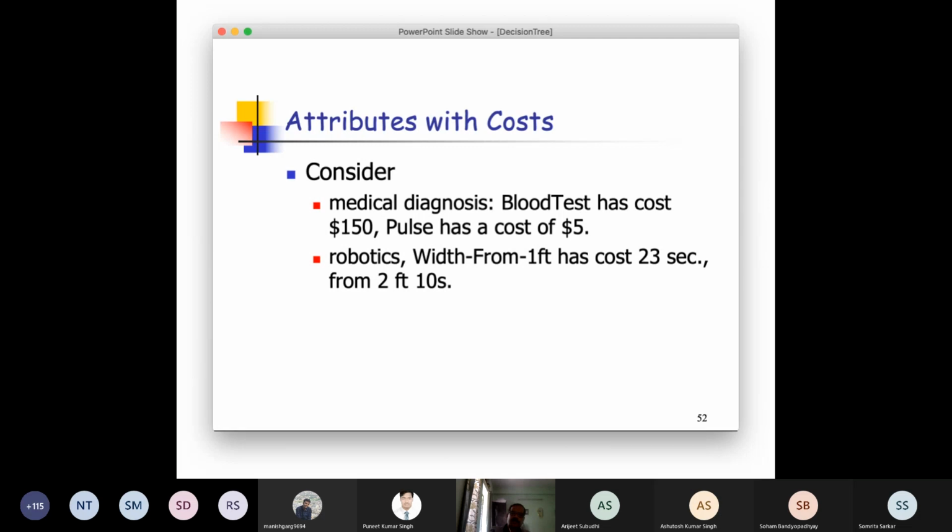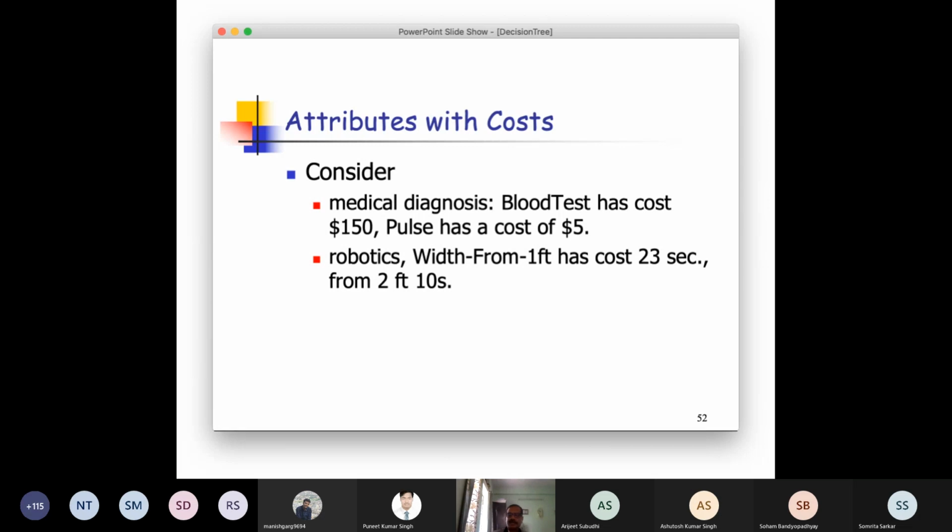Now, attributes with costs. This is another thing I mentioned: sometimes some attributes give good partitioning, having larger information gain, but they may be very costly in terms of measurements. Consider medical diagnosis. You have different kinds of tests.